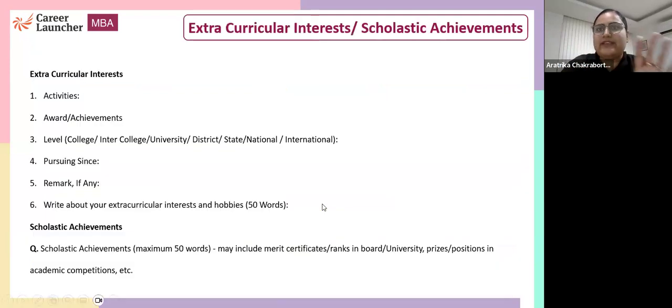Okay. So the next thing is extracurriculars. This is the main concern which comes up. When they say activities, mention all the extracurricular activities. Awards and achievements: usually they consider the level, college, inter-college, university, any kind of fest, inter-college fest, or some other fest you went to at some colleges, where you won competitions.